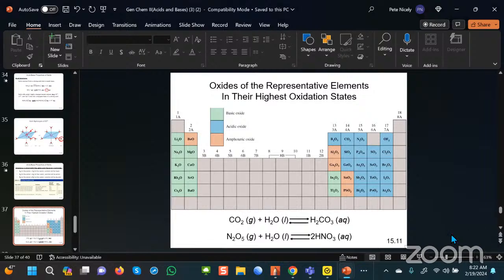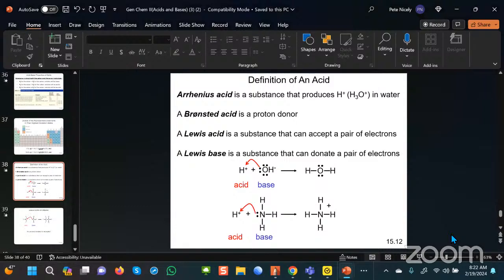Okay, so the next slide talks about now some other definitions of acid. Now we were introduced to the Arrhenius and the Bronsted definition. So just to remind you of the definitions, Arrhenius says an acid is a substance which, when added to water, produces hydrogen or hydronium ions in an aqueous solution, right?